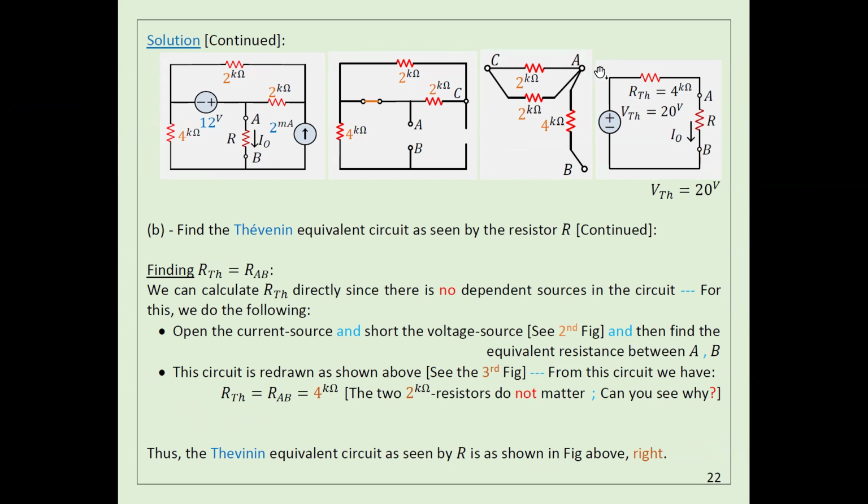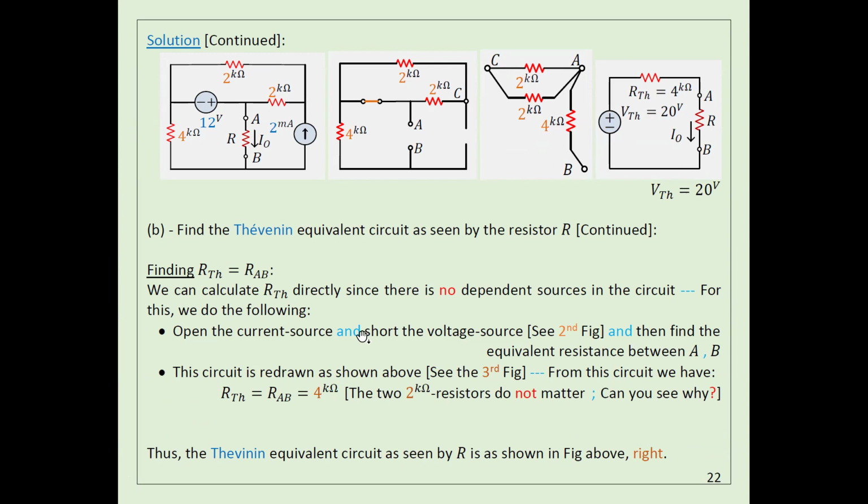If you put a battery this way, all the current will come this way. The current is not going to come here and then go to the positive again. It's not going to do this, because the current has to flow from the positive to the negative. So the resistance is 4 kilo ohm.